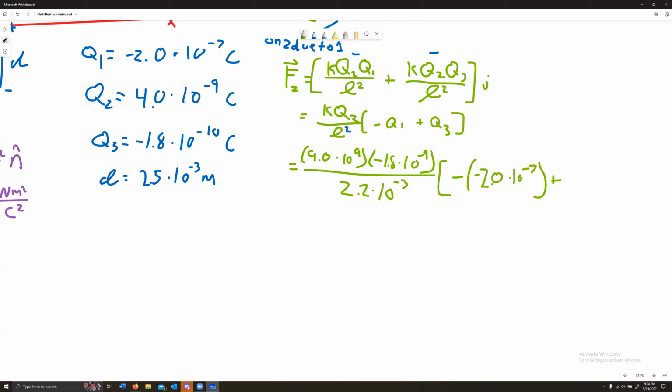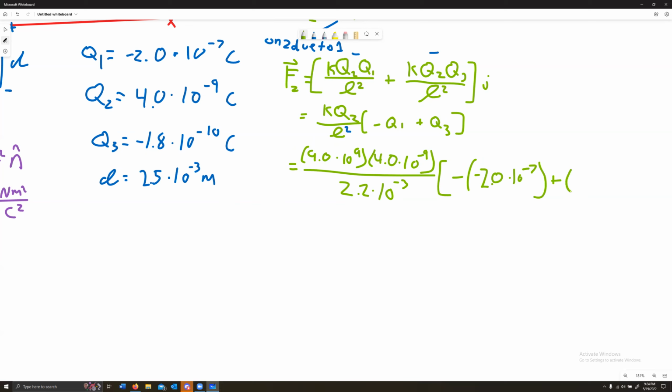Oh, wait a minute, I'm messing this up now. Hold on. Q2 is 4.0 times 10 to the negative 9, because this is Q2. K. Distance, negative 2.0 times 10 to the 7th. Okay.